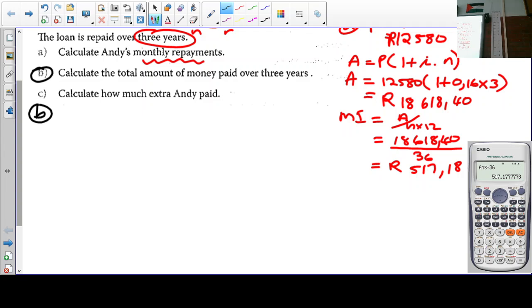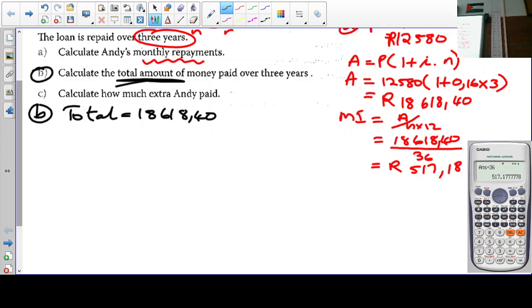You sure that's the total? I don't think it is. You must add the 2,220. Didn't I make that payment? Remember the question says calculate the total amount.